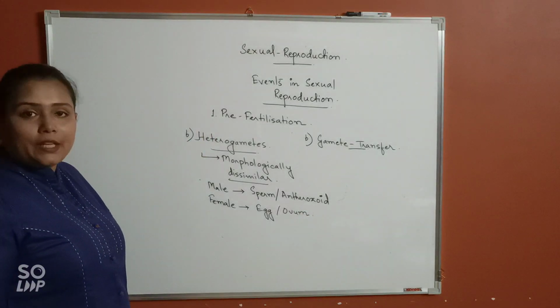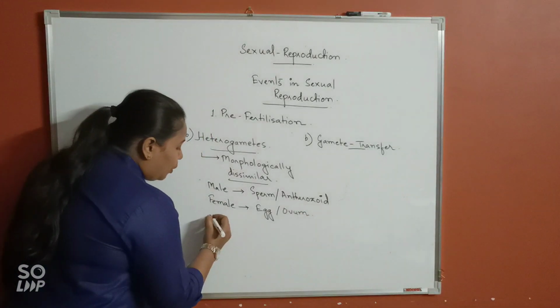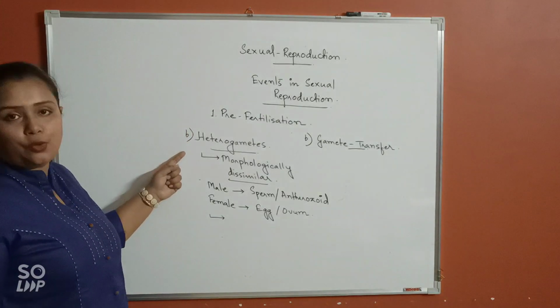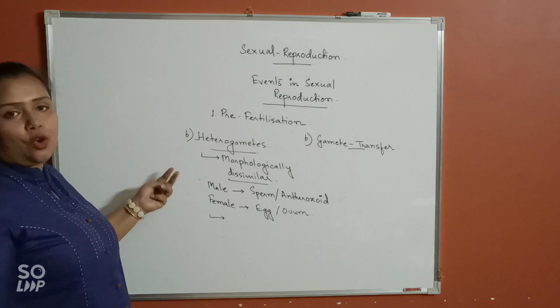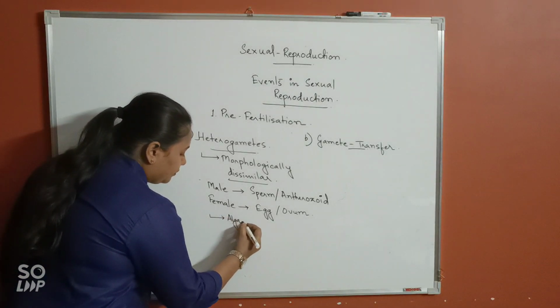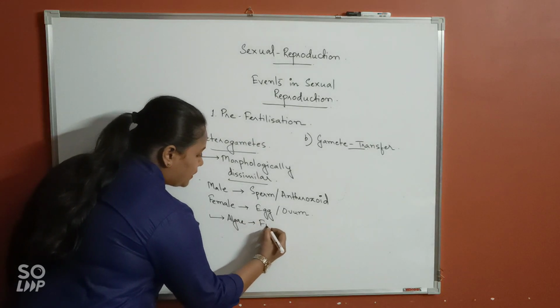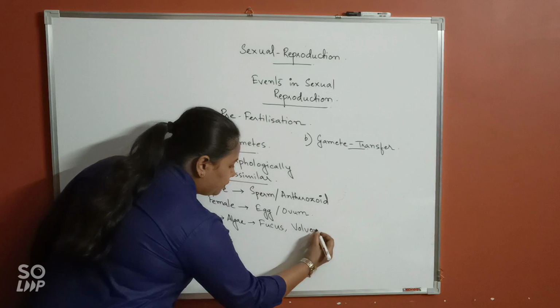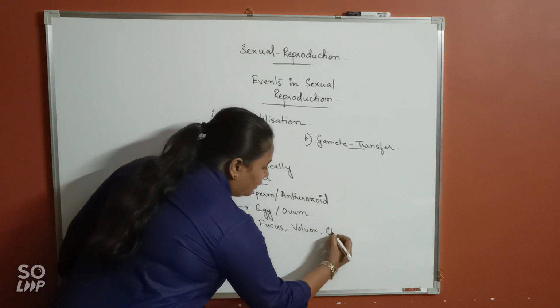Now if you ask me for examples, most of the sexually reproducing organisms have heterogametes. So this is the most common one. It will be prevalent in algae like Fucus, Volvox or Chara.